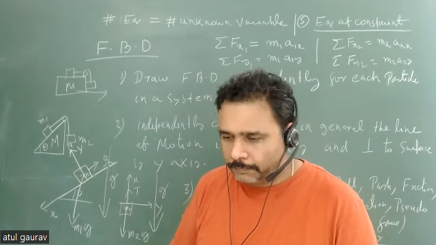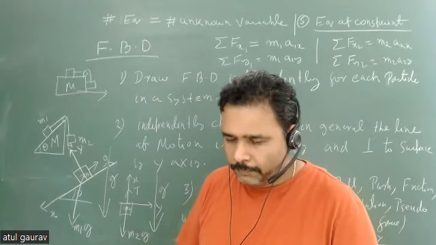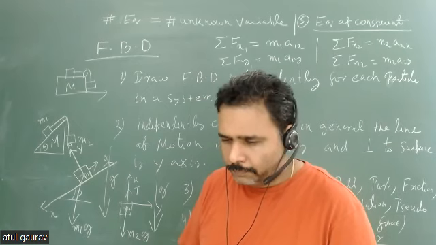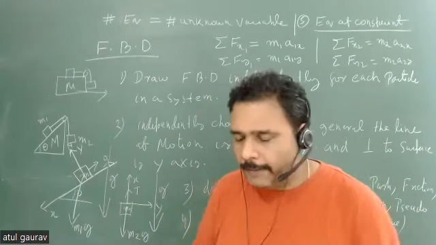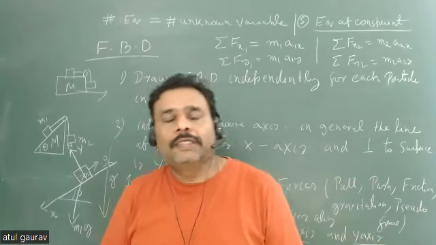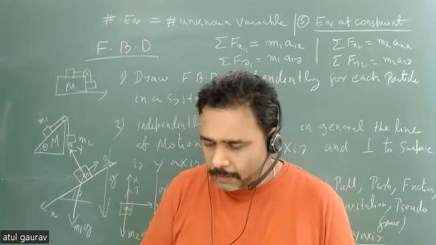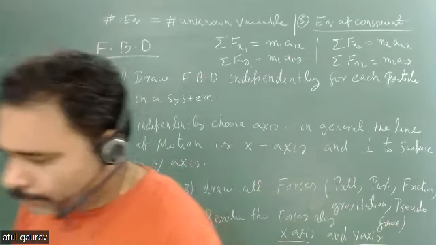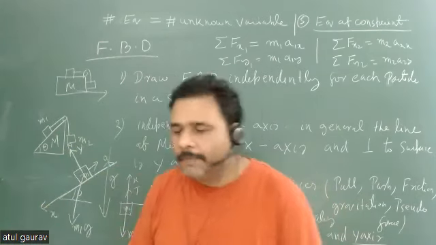Sir, this choosing of axis, we choose according to the problem, according to the motion of the particle, to solve it easily. Yes, for easily solving the problem we choose the axis.